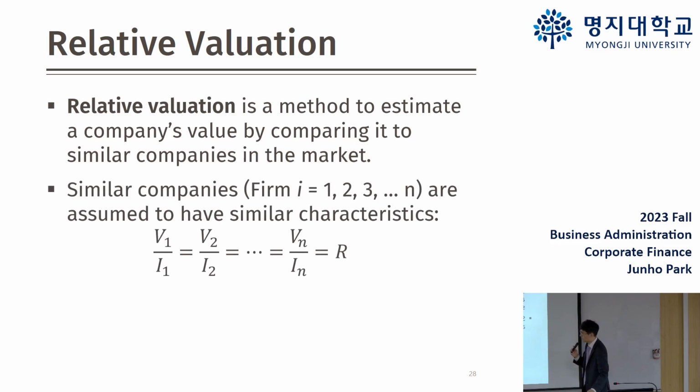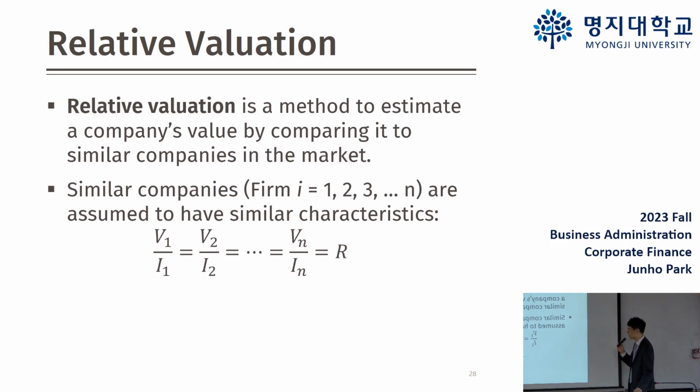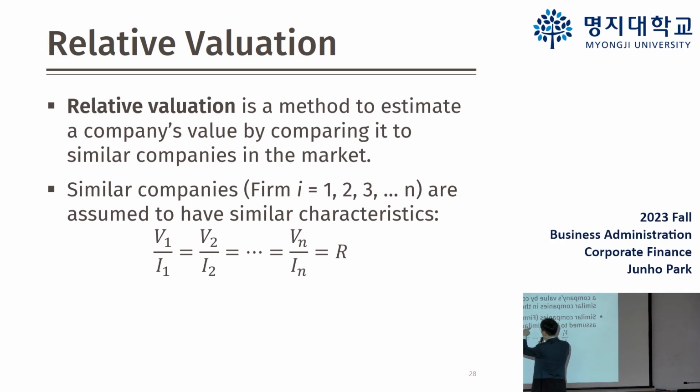The basic idea in relative valuation is that similar companies will have similar characteristics. For example, we can have multiple companies in the same market: firm 1, firm 2, firm 3, and so on.